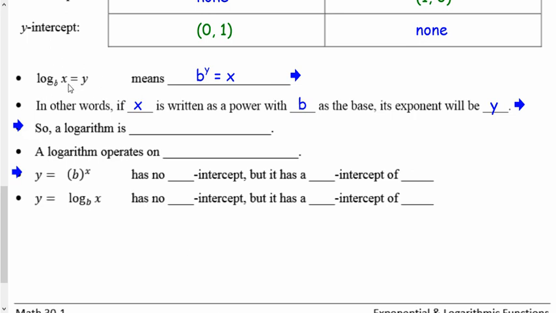Whatever is inside here, we would say is the argument in the logarithm. If I was to rewrite this x so that it was a power where b was the base, here is the base b. Here I'm rewriting x. X is equal to, what is the exponent? The exponent is y, which tells me that a logarithm is actually an exponent.